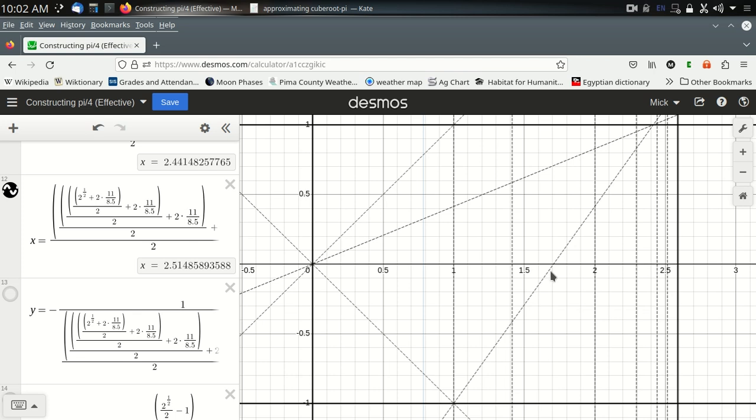And now I want to multiply this distance by 8/15. So this is 0, this is 15, this is 0, this is 15.